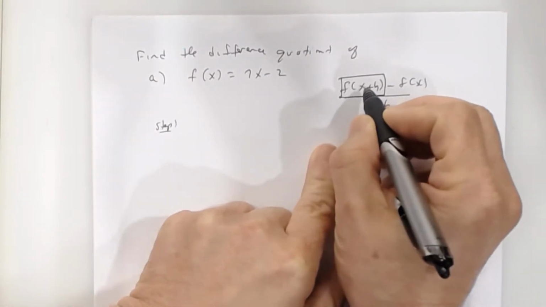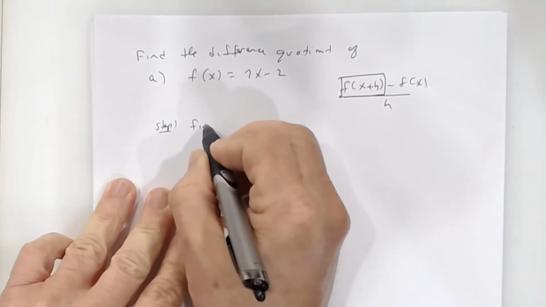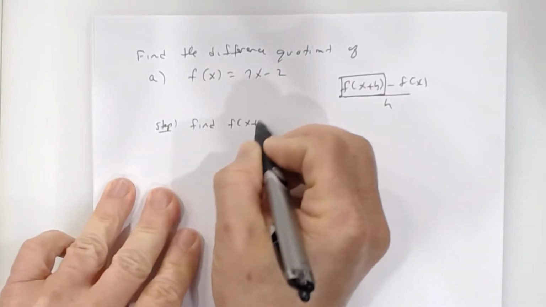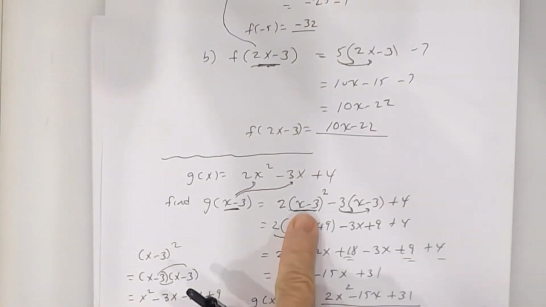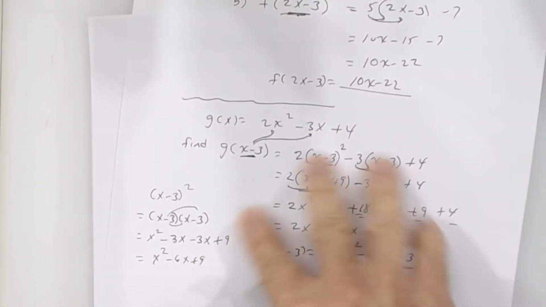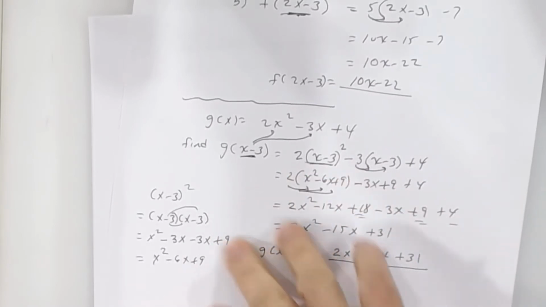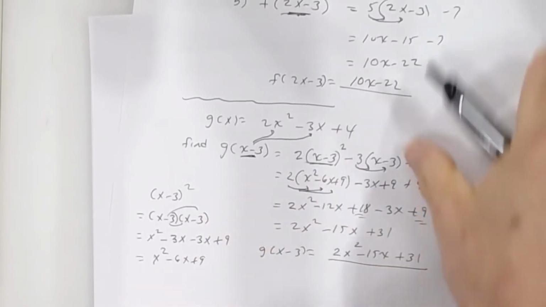So that'll be your step 1. So I'm going to say find f of x plus h. So you break it into little pieces. So doesn't that first part look like the one we just did? So that step 1 is going to involve this right here. That's that step 1. Okay?